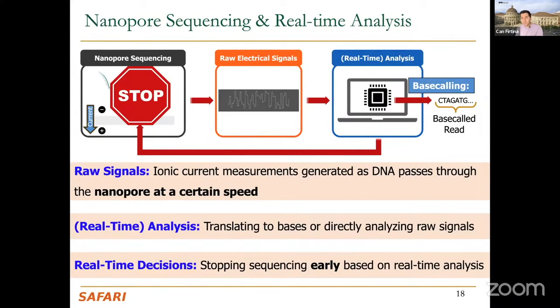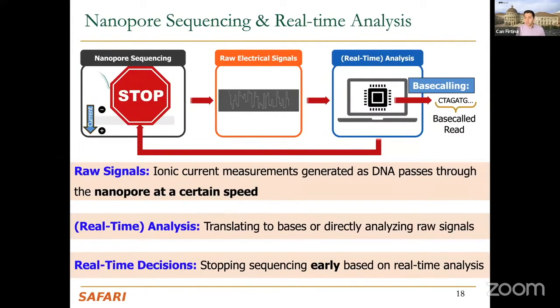So what we can do is extract all these signals and then try to understand whether that signal is coming from a COVID genome or not. As soon as we find an answer to this question, we can tell the sequencer to stop sequencing that particular read while it is not sequenced fully.